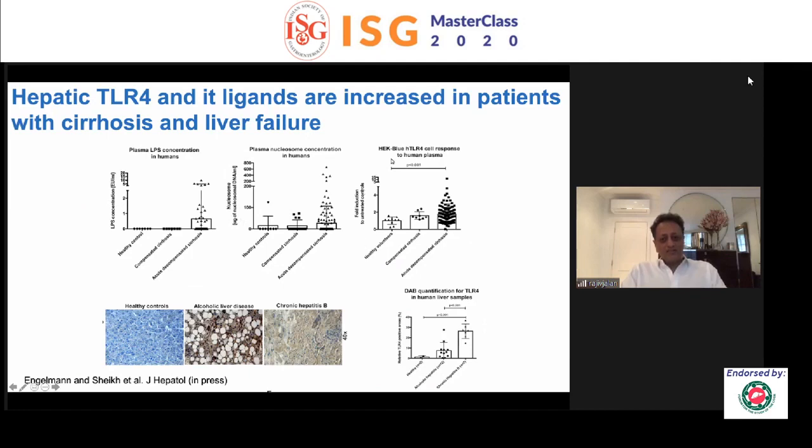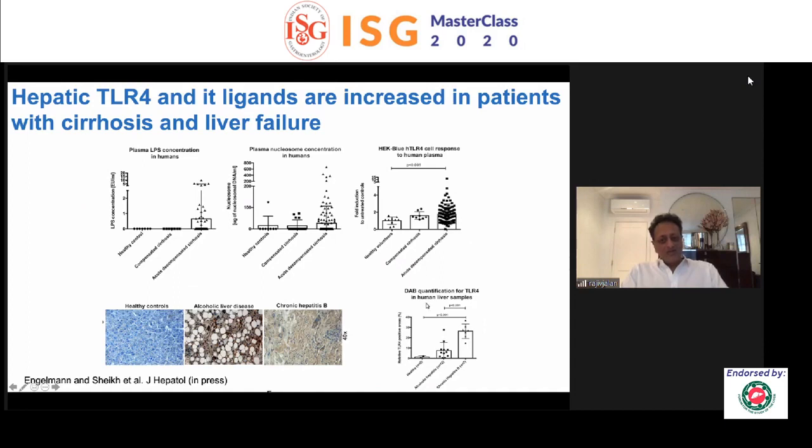And here we took a toll-like receptor 4 cell line and incubated it with patient plasma from decompensated cirrhosis. What we saw was that there's a high concentration of LPS, as Ramon had found, in those with severe decompensated cirrhosis. The nucleosomes, which represent products of cell death, were very markedly elevated. If you incubated the plasma with a TLR4 reporter cell line, there was a very marked increase.